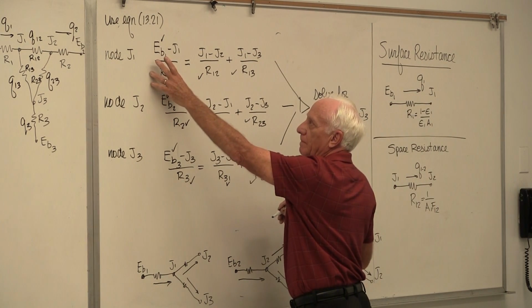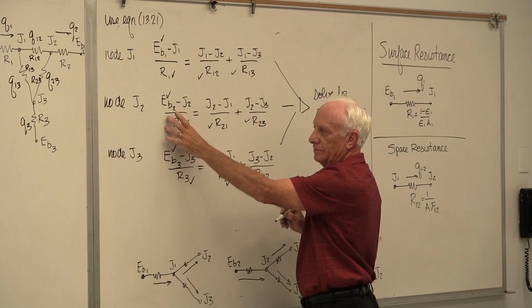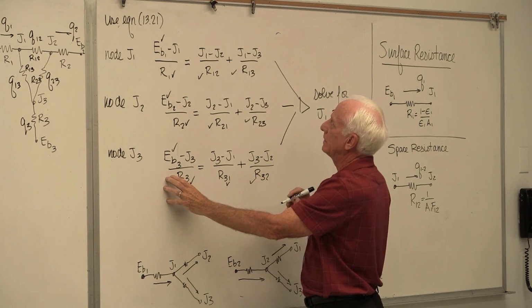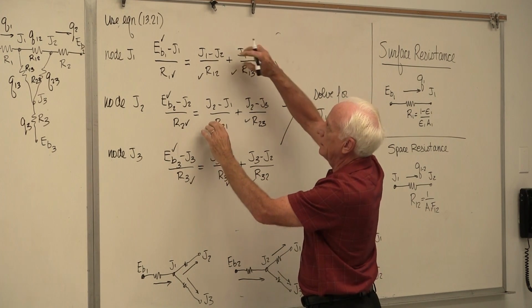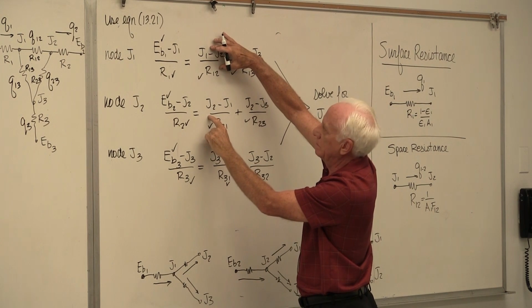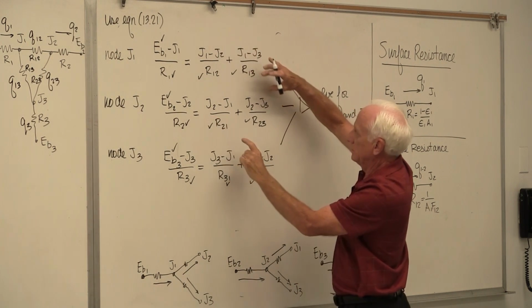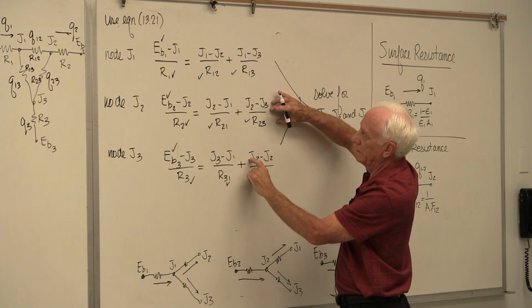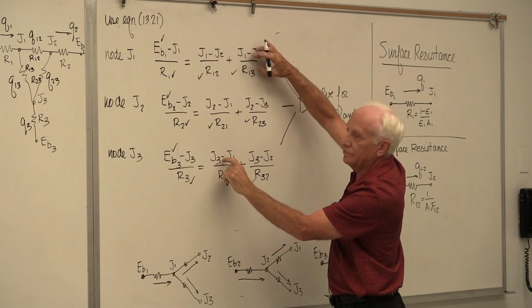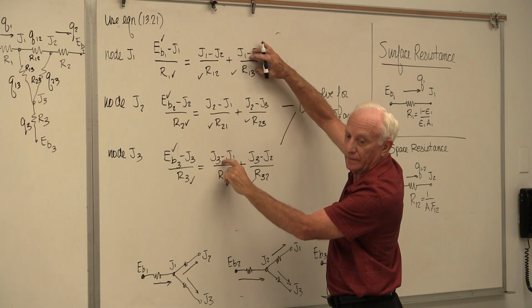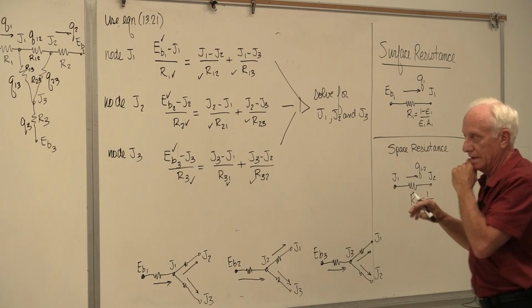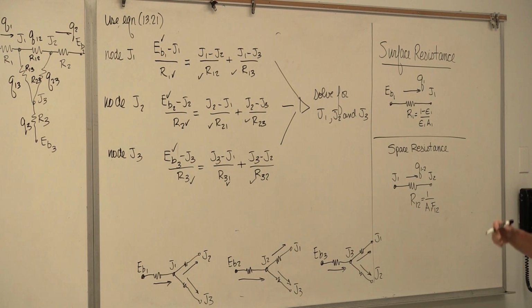Here's Q1, okay? Here's Q2, here's Q3. Here's Q12. Here's Q23. Here's Q31, or Q13. There they are, all the Q's. That's what you want to find typically in a thermal analysis, all the Q's.